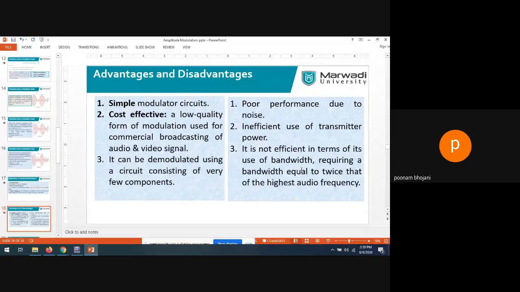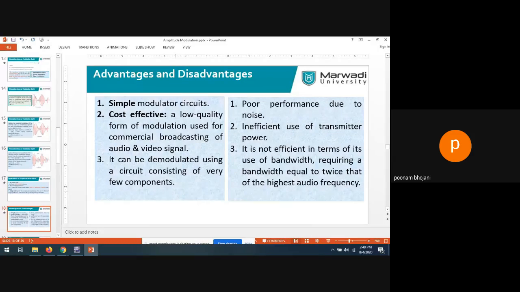Advantages of AM, and what are the disadvantages? Advantages: a simple modulator circuit is required in amplitude modulation. It is cost effective. Simple modulator circuit means you are not making a complex circuit, so cost is automatically reduced. Third, it can be demodulated using a circuit consisting of very few components.